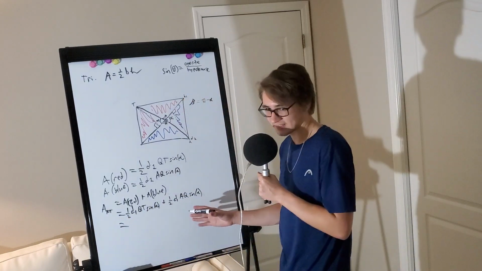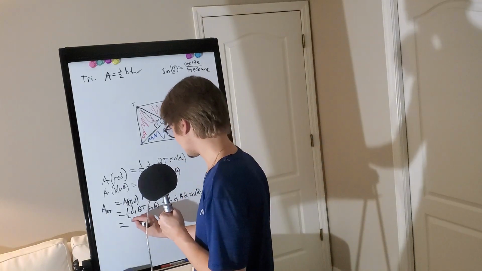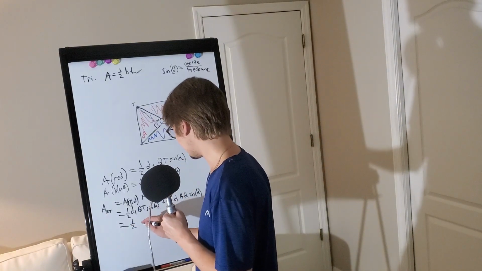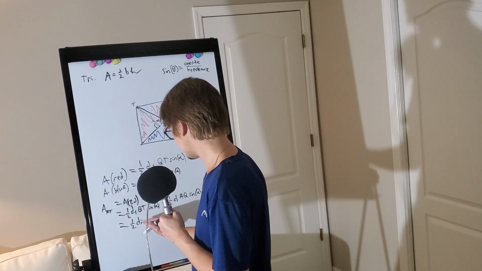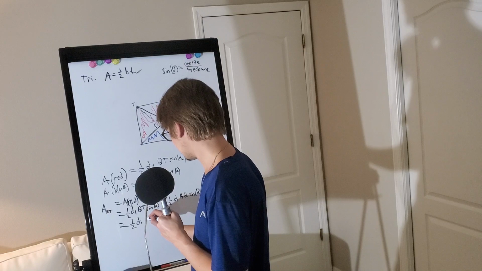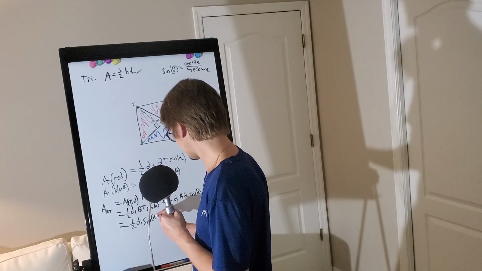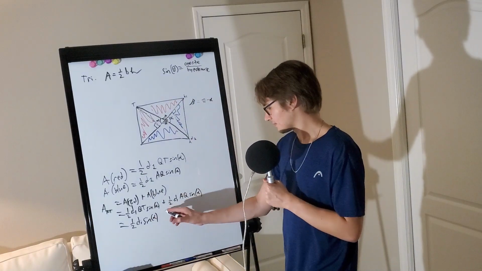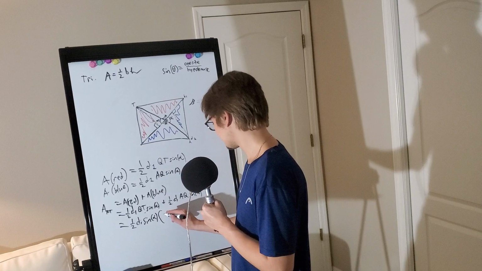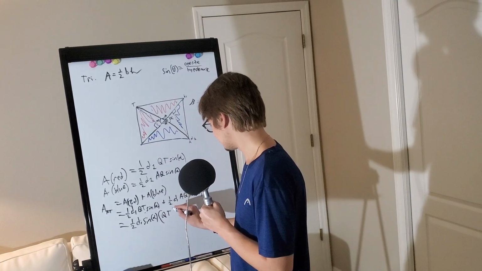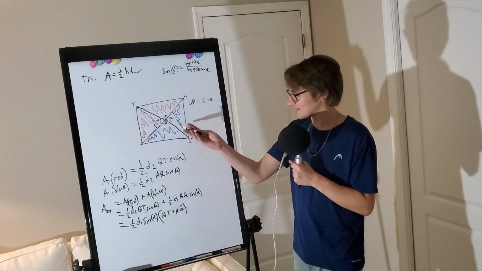And we can sort of combine like terms here, distributed property, whatever you want to call this. This is 1/2 D1 sine alpha and then you would distribute that across QT and AQ. So QT plus AQ. But what is QT plus AQ?